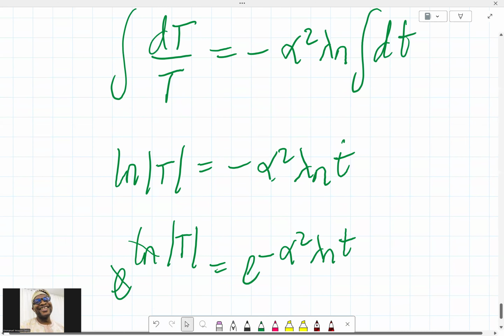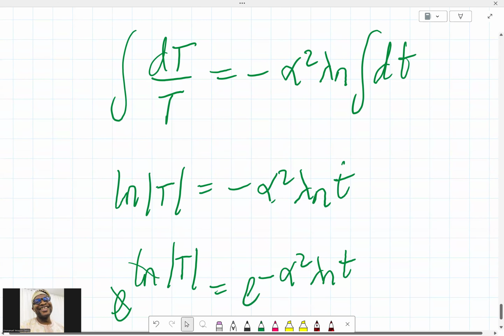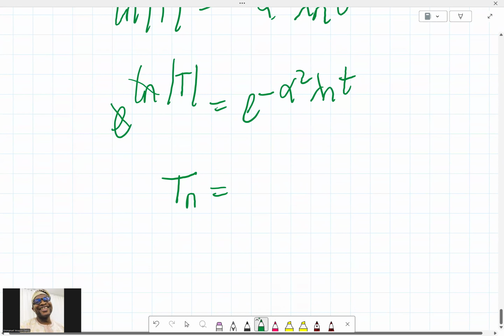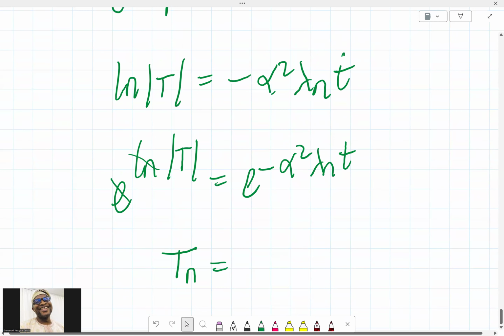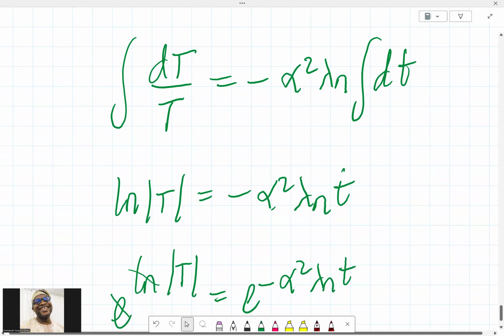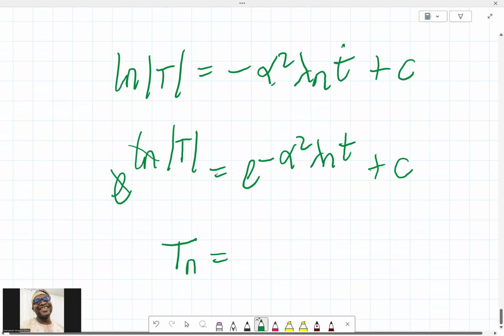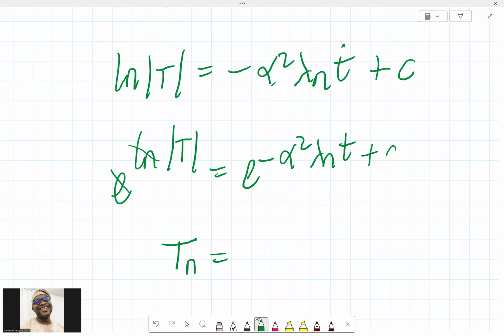In fact, since we have brought in lambda n, we can even do it at this point. So Tn is now, something that has been missing is that we should have a constant. So we should have a constant c. So this is also plus c, right? So we have a plus c at the top.